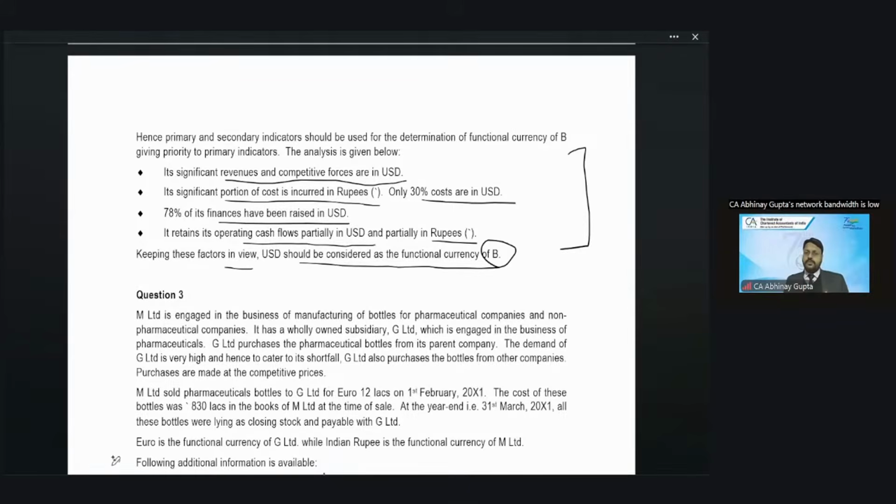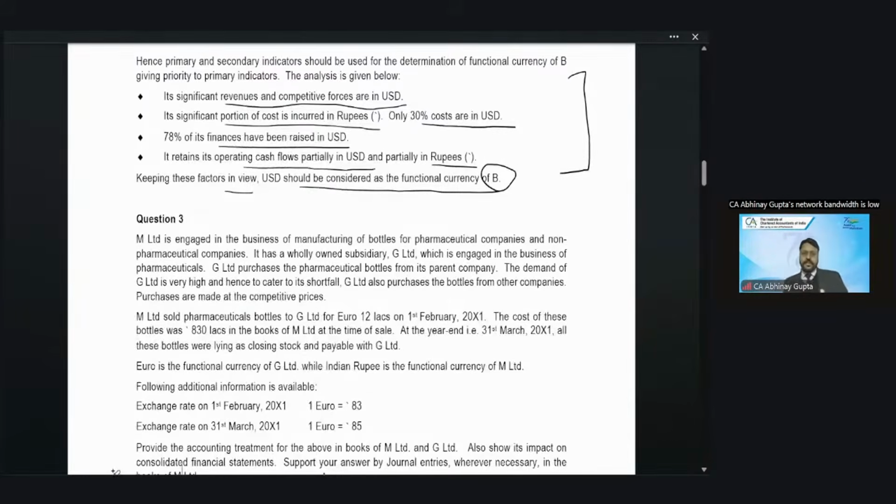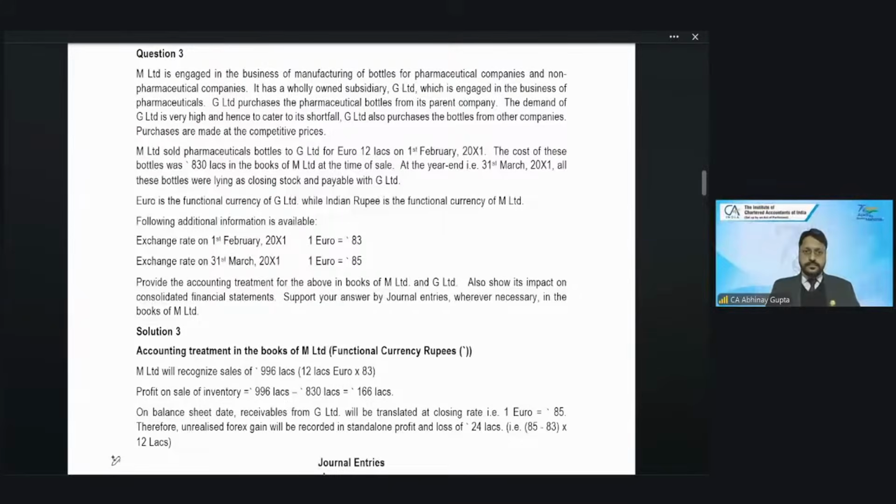So we do have the indicators in our mind, but the examiner will come to know that we know the indicators only if we present them in our answer sheet in a better way, right? So presentation of the answer is quite important. Clear? Yes, sir. Okay.